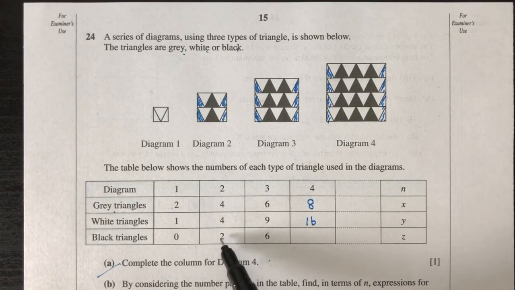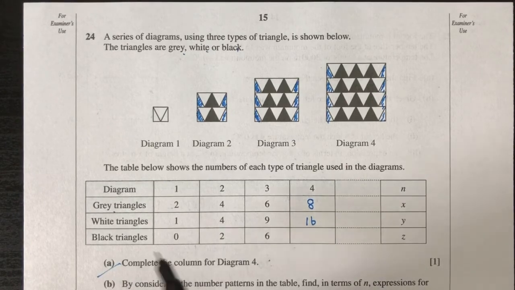And this one is what? What's happening with the black one? We have to take, what is the total number of triangles? Let's say we have another one named total triangles.